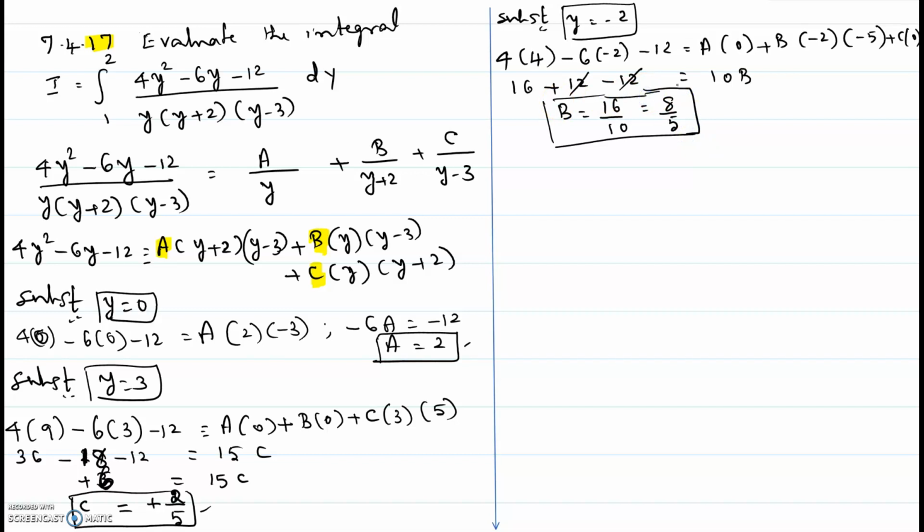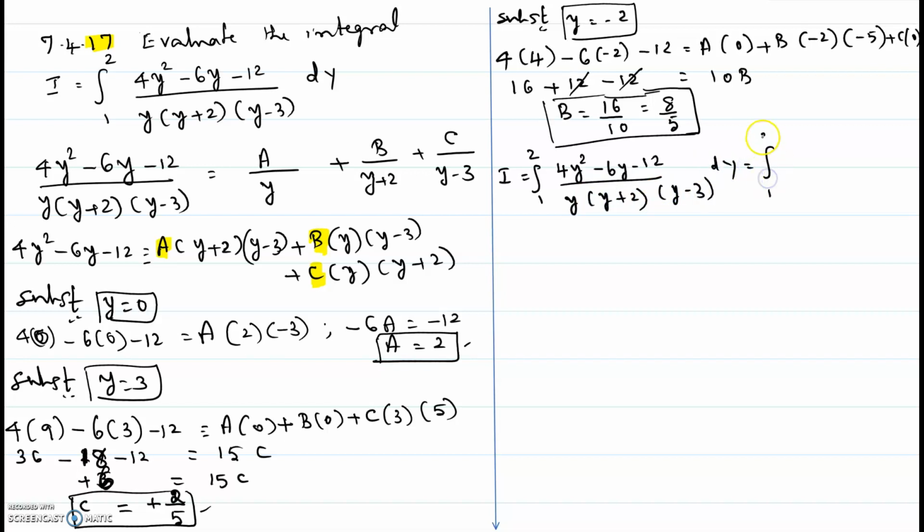So we got all the values of the unknowns A, B and C. Now you come back to the integral I, which is the integral from 1 to 2 of (4y² − 6y − 12) divided by y(y + 2)(y − 3).